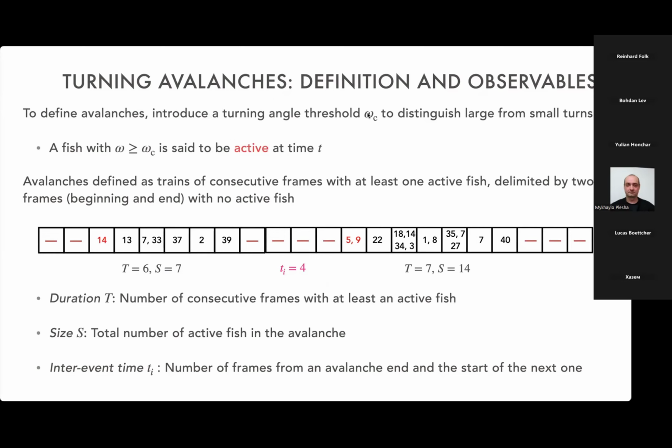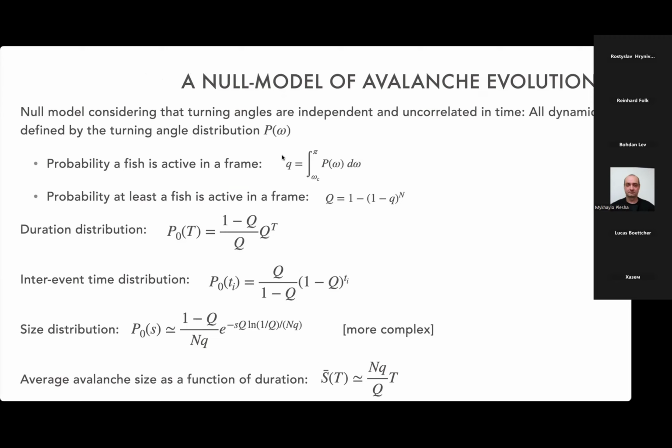Okay, what should we expect? Imagine that we know nothing, and we assume there are no correlations. We can consider that the fish are performing turns independently and in an uncorrelated way in time. So every time a fish performs a turn, it just draws at random some turning rate from this distribution.